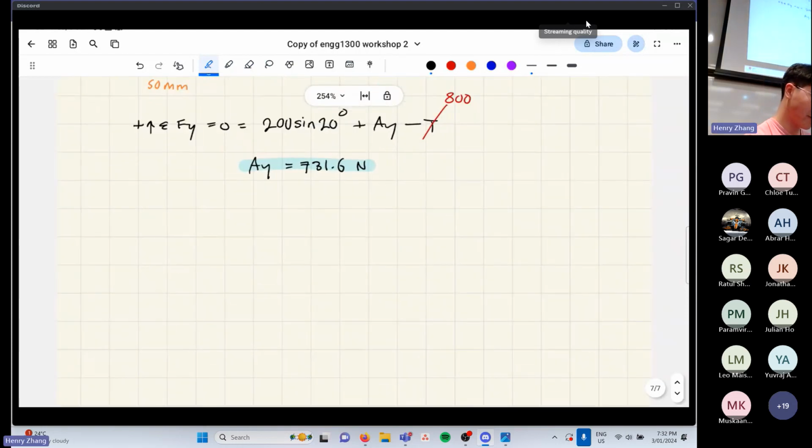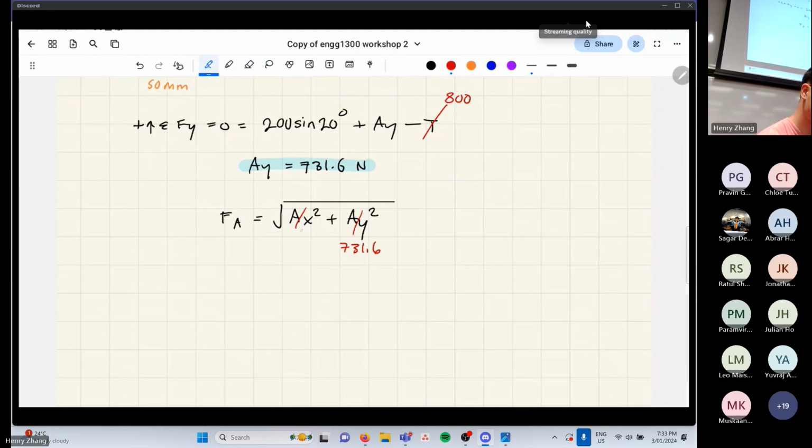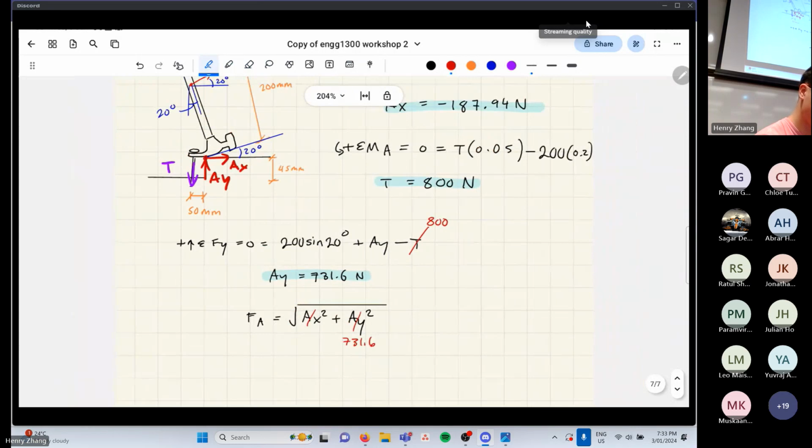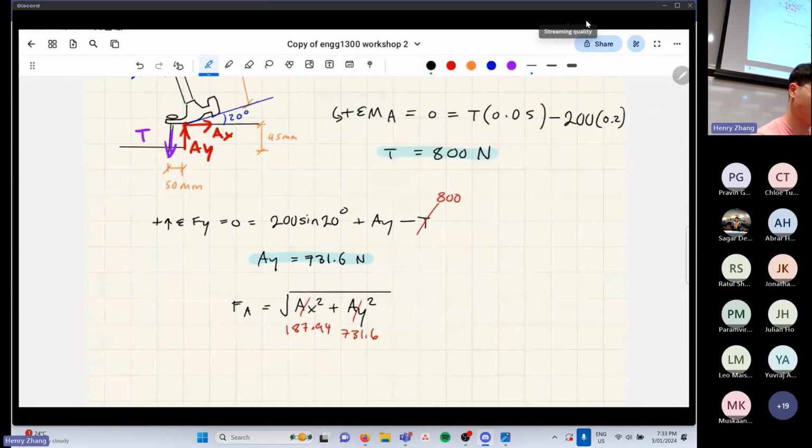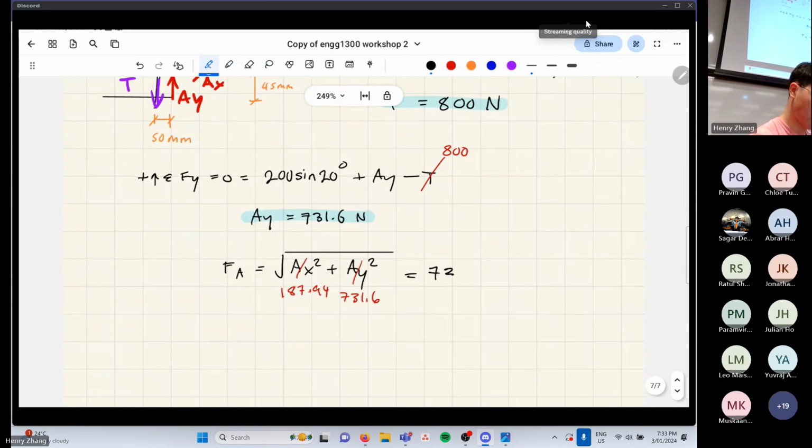So the way you do that, just a recap from last lesson, you just use Pythagoras, find the magnitude. That gives us our magnitude.